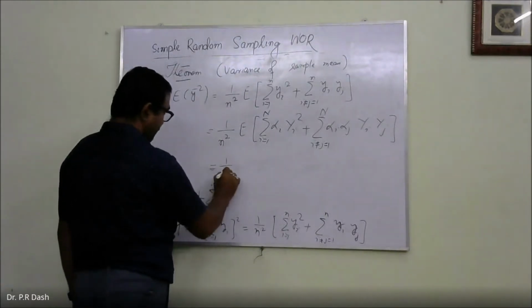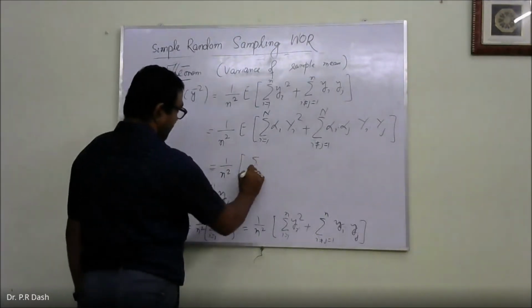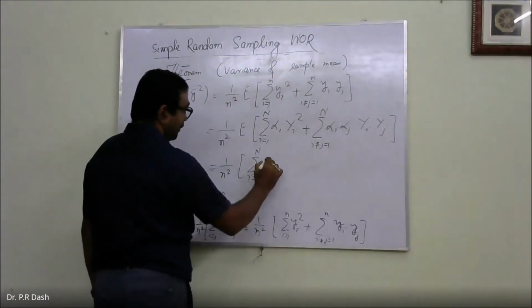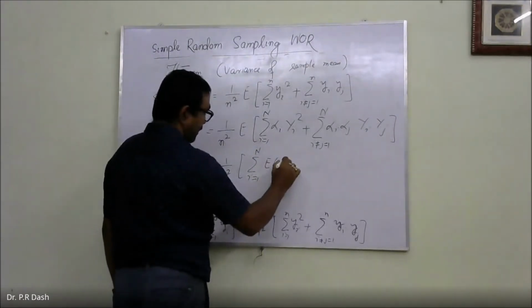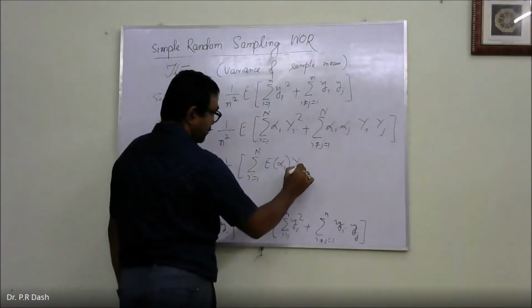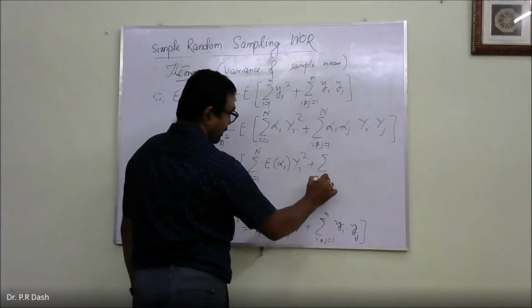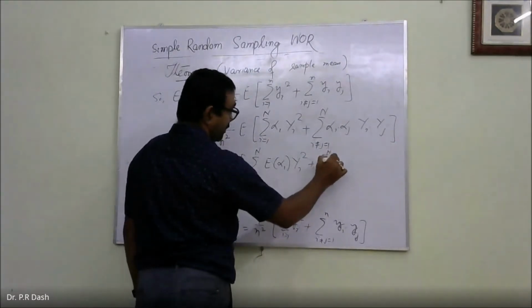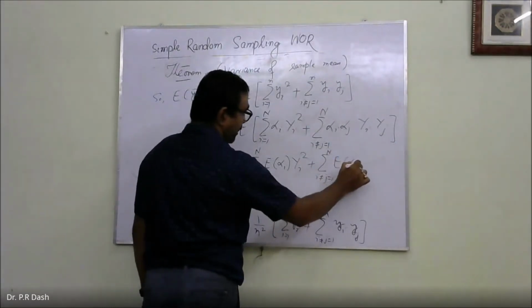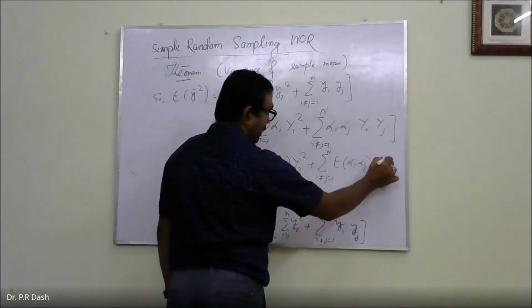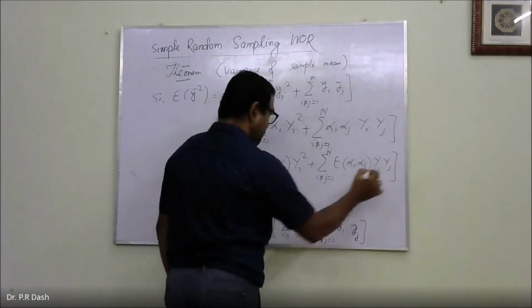This is equal to 1 by n square summation i equal to 1 to capital N expectation of alpha i square y i square plus summation i not equal to j varying from 1 to capital N expectation of alpha i alpha j y i y j.